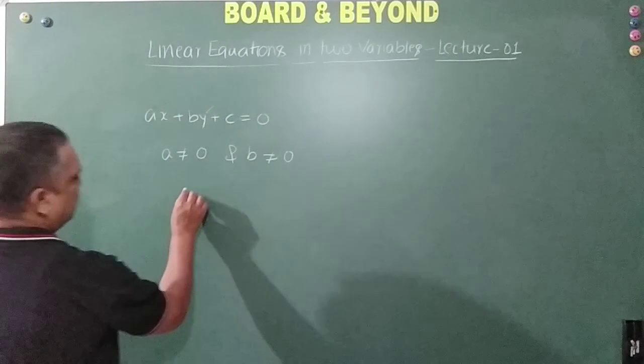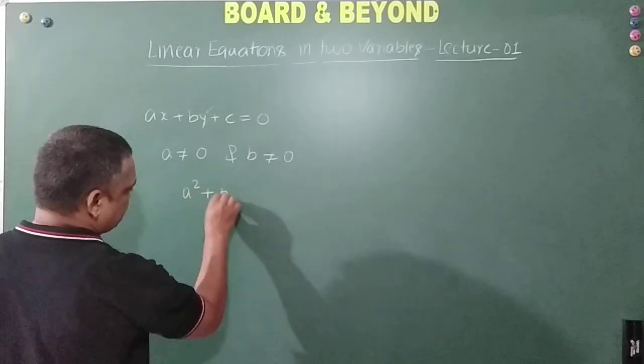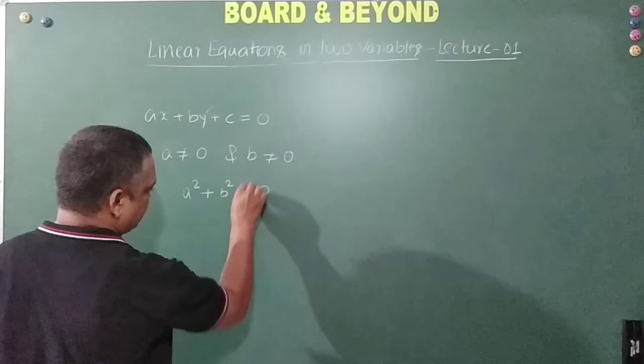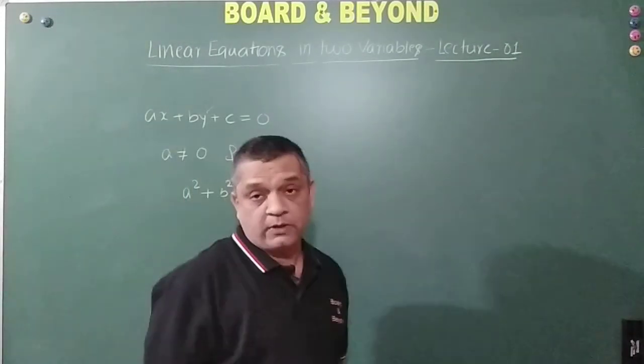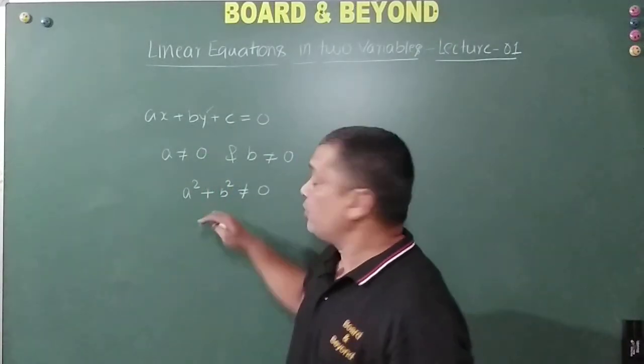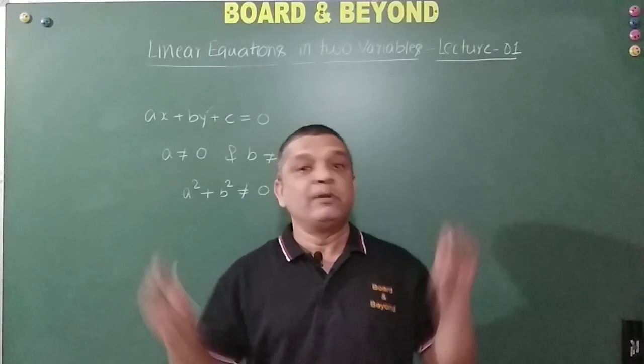The second criteria is that a square plus b square should not be equal to 0. Now, why has this criteria been put? This criteria has been put just to illustrate that a and b cannot be simultaneously equal to 0.